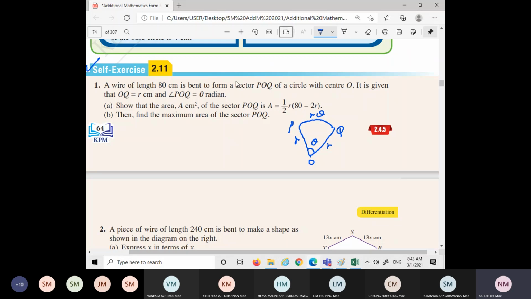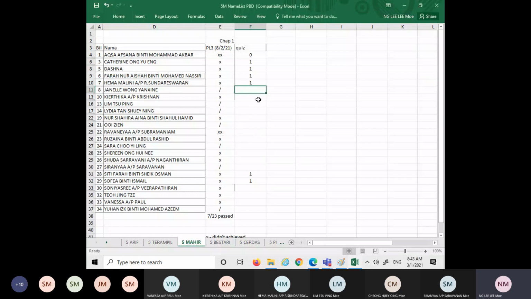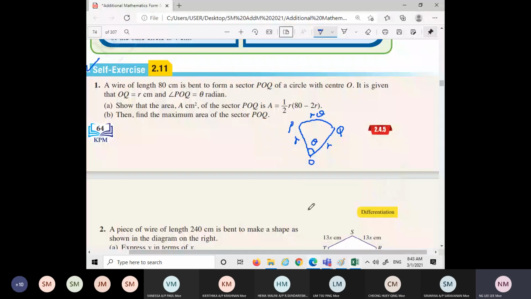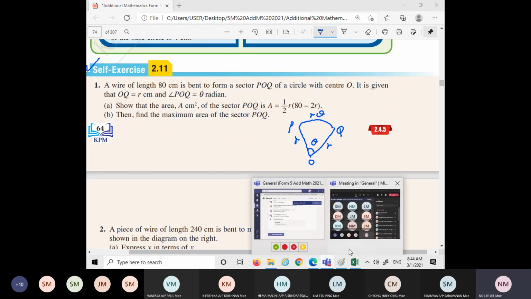Next. Okay, show the area of the sector. POQ is this. How to find the area? Area of sector. What's the formula for the area of sector? Janelle, do you have a mic? Is Janelle here?